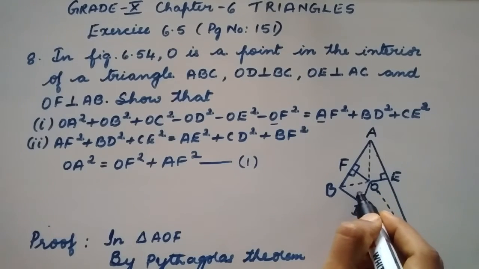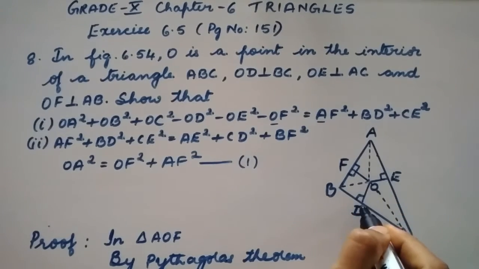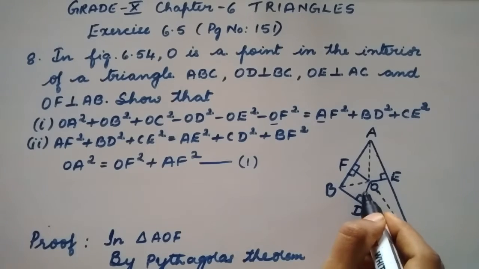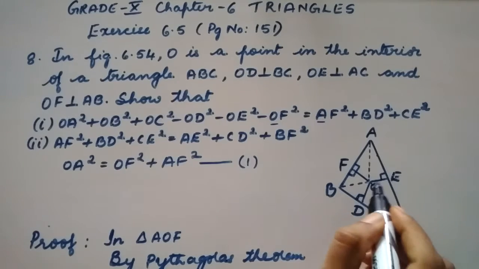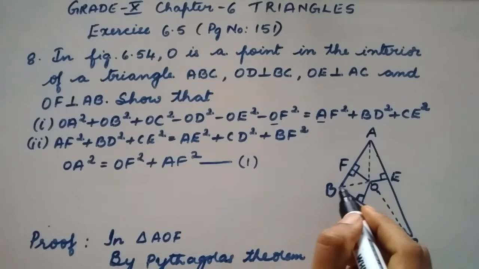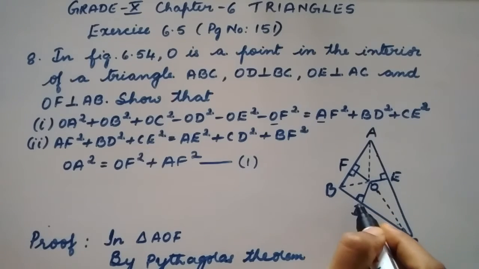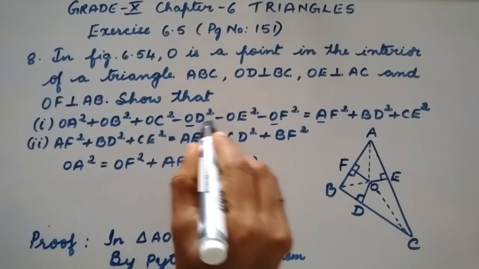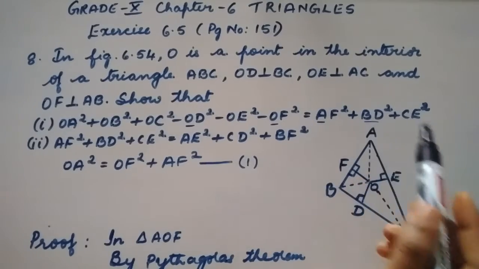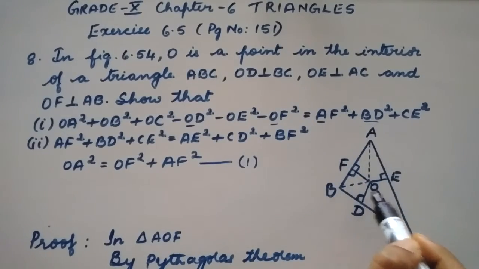Let us consider this triangle, that is BOD. So here we have angle D as 90 degree angle. So the hypotenuse is OB and the other sides are OD and BD. So we have here OD and BD. So we have to consider this triangle.